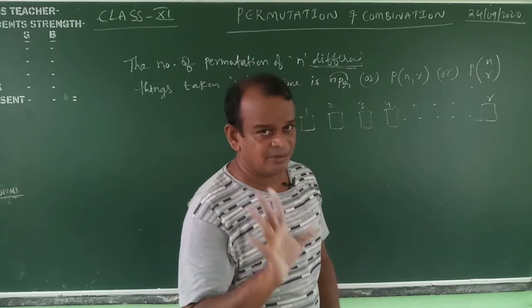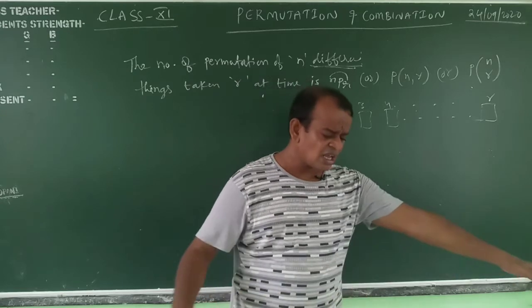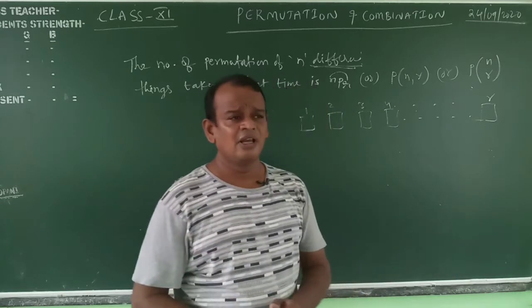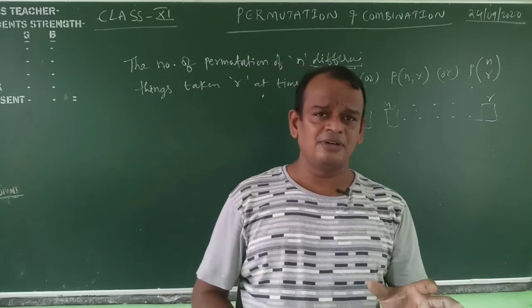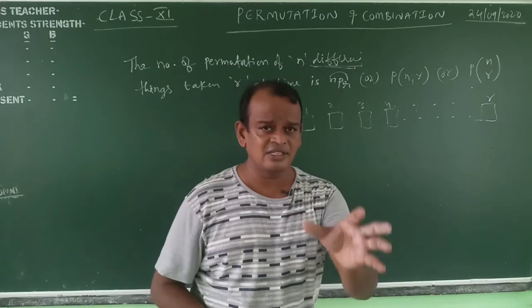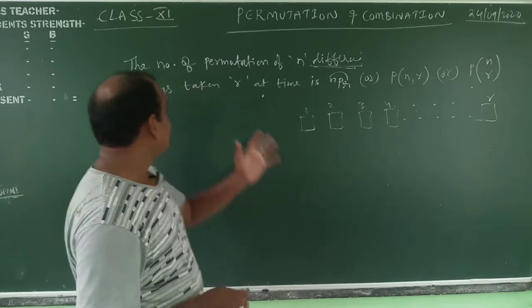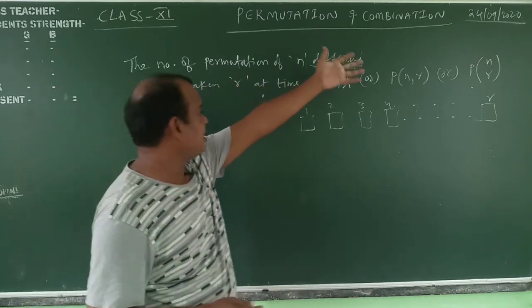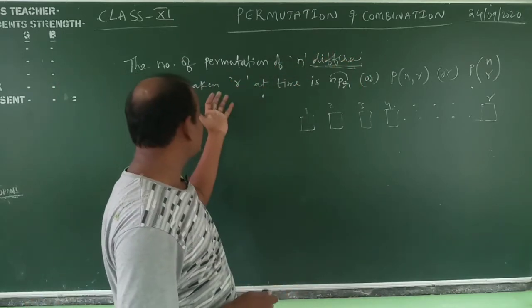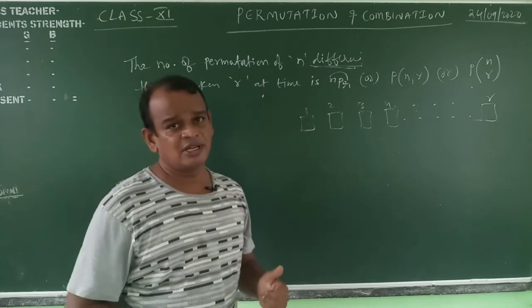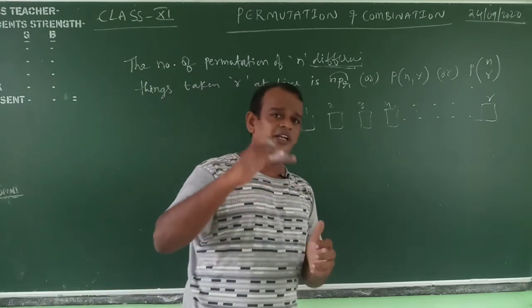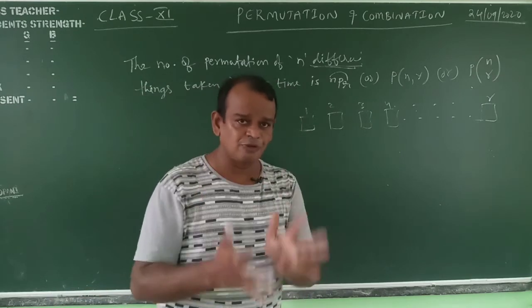Listen to the logic here. Find the number of ways of arranging the 10 children in 4 chairs, that is 10P4, no doubt. Find the number of permutations of the 10 different students taken in the 4 chairs, that is 10P4.